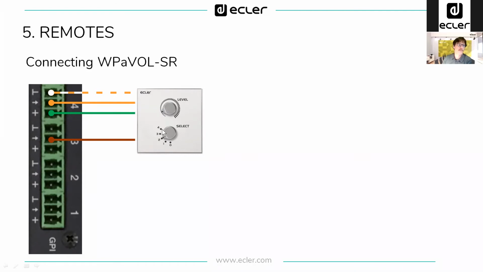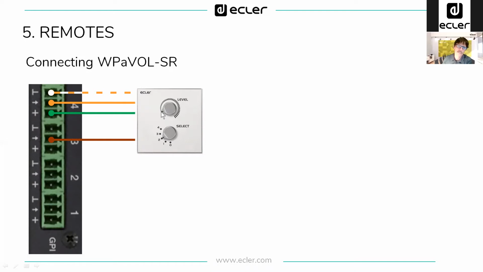Most of the times, let's think there's an EM page, you do not want this volume to affect the messages. So you want this volume to affect only the cross point between, in this case, source number 2 and whichever the output is.